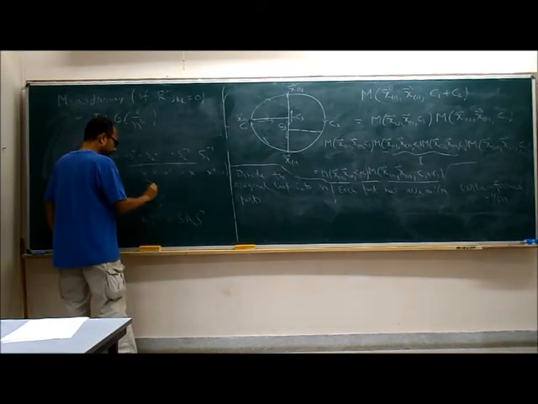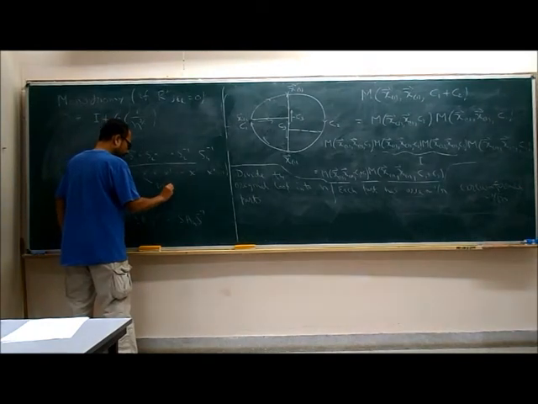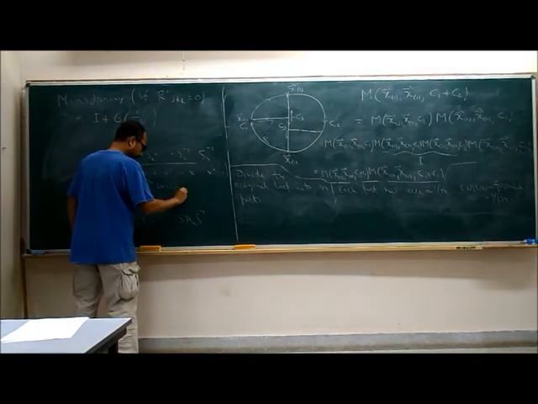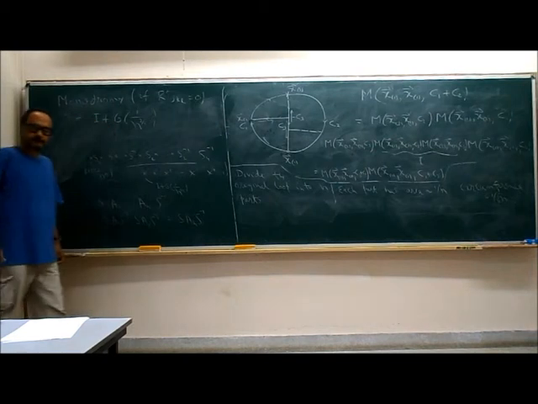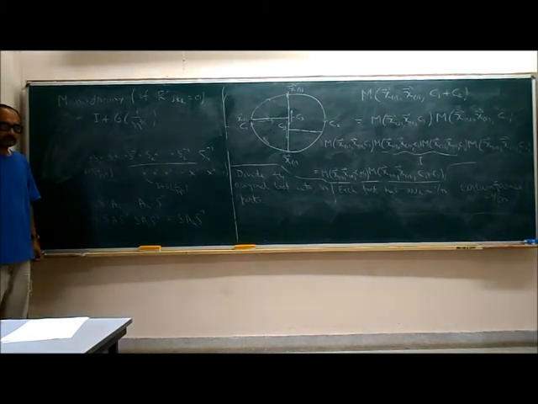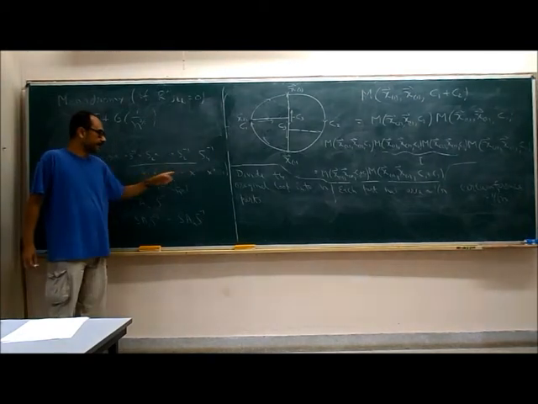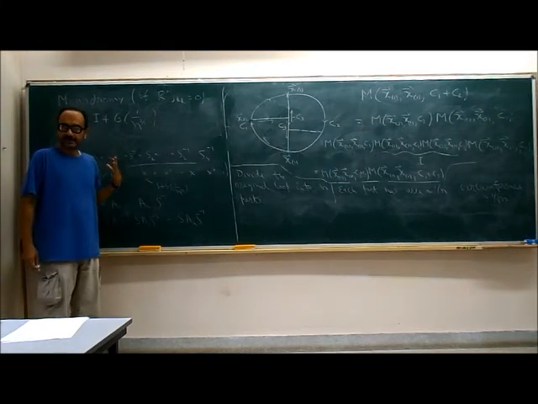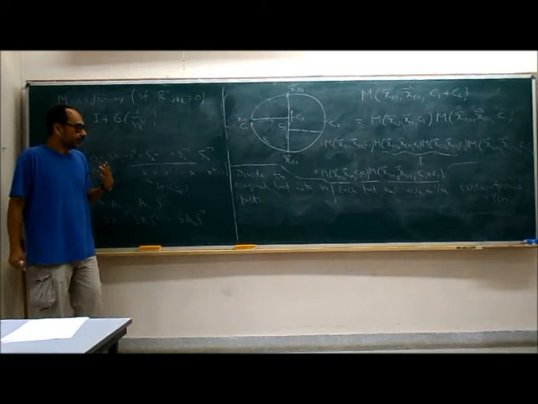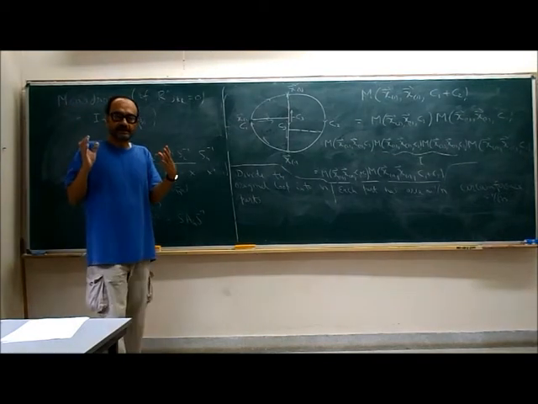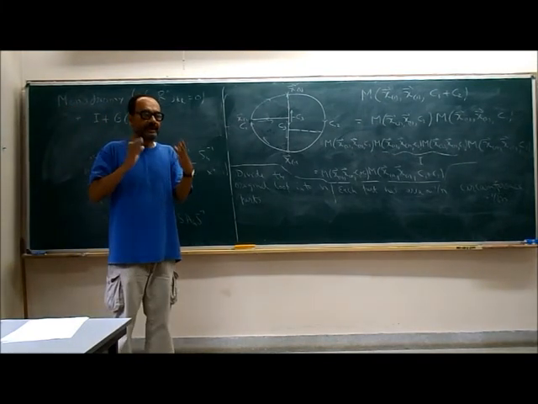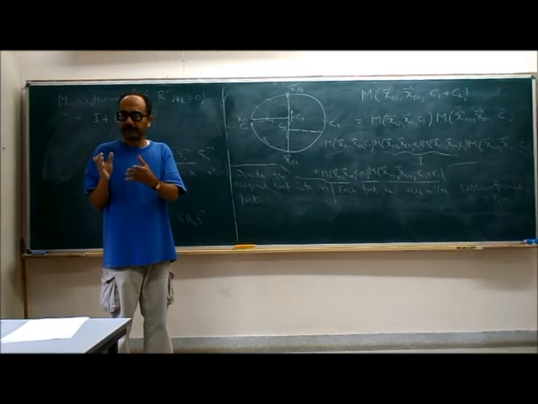But each of them is of order identity plus order 1 over n to the 3 half. How many such matrices are there? N matrices. So you are taking the product of n matrices, each of which is of the form identity plus order 1 over n to the 3 half.